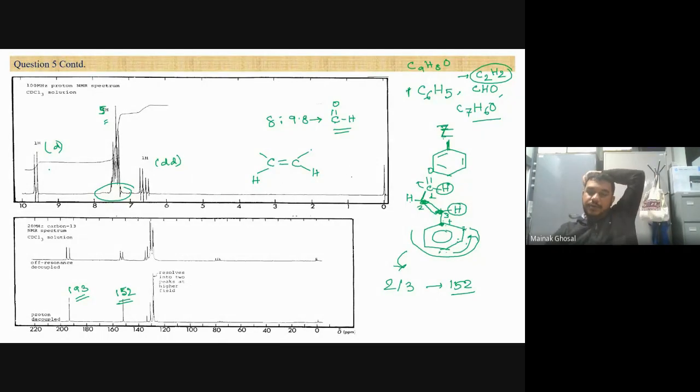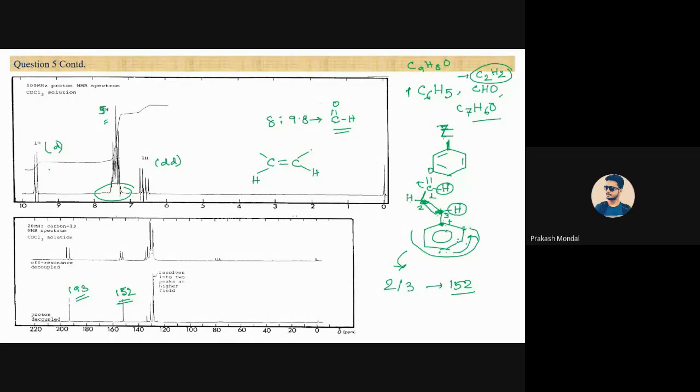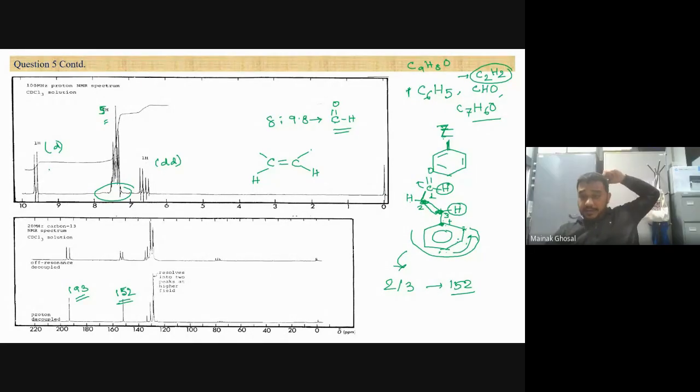So which one will be more deshielded, 2 or 3? 3, sir. So 3 will be 152. And all the other peaks you will find in this region. So there will be a messy kind of thing.